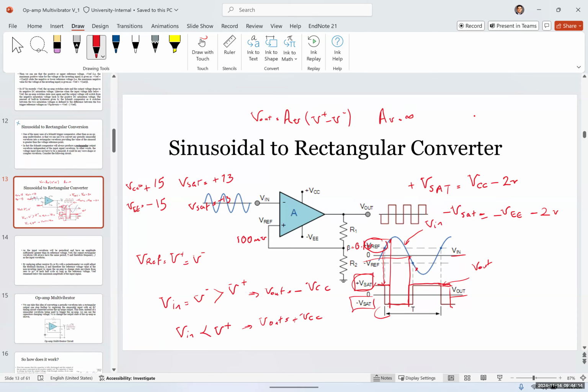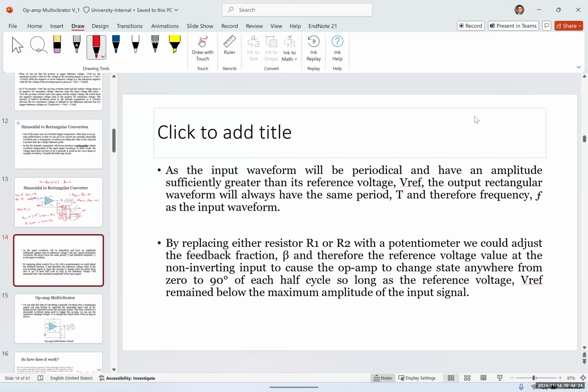So as the input waveform will be periodic and have an amplitude sufficiently greater than its reference voltage, V reference, the output rectangular waveform will always have the same period T and therefore frequency F as the input waveform.